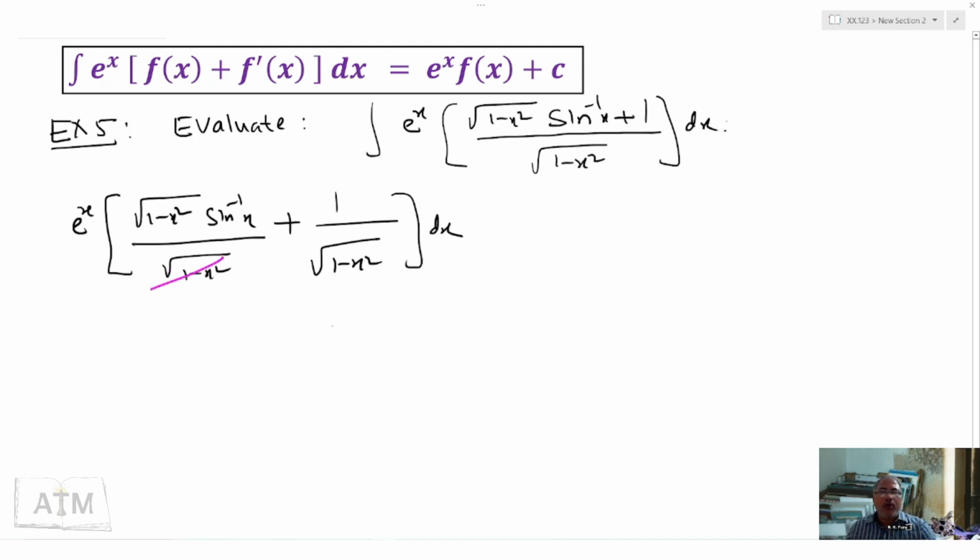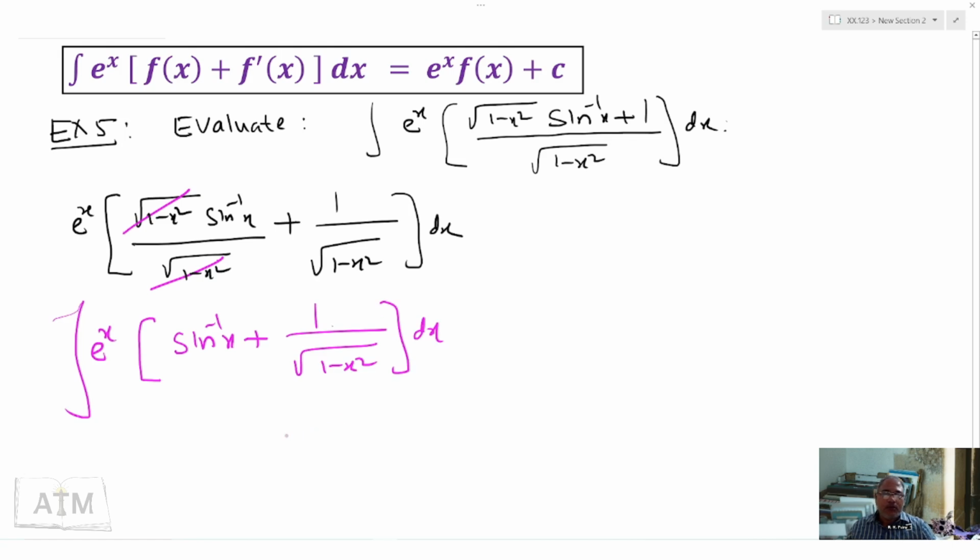So under root of 1 minus x square will cancel. We get here e raised to x into sin inverse x plus 1 upon under root of 1 minus x square with respect to x, integration. Now let f of x equal to sin inverse x, and we know that the derivative of sin inverse x is 1 upon under root of 1 minus x square.